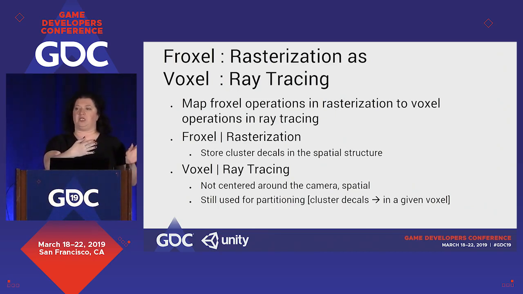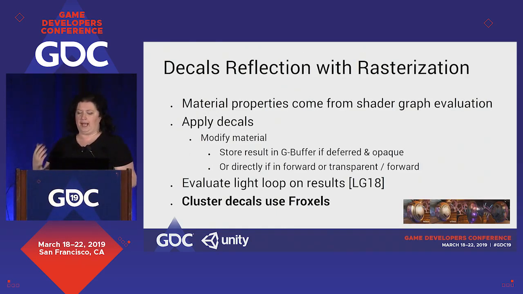In the rasterization world, we store our decals in a spatial structure around the froxel. Now, in ray tracing, we put it in that camera-aligned voxel. It's still used for partitioning, right? So we still can do cluster decal implementation for acceleration, but it's not centered around the camera. It's a spatial representation, and that essentially allows us to find the appropriate decal. Now we need to think about how to evaluate it.